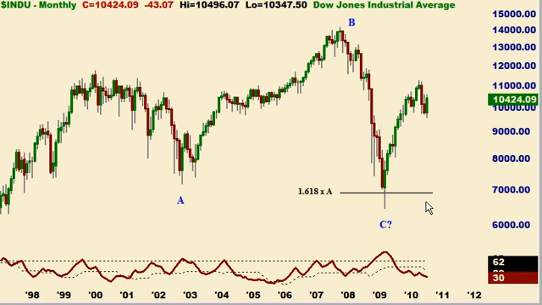Again, I'm quoting Prechter, 1.618 times A is the most probable relationship of C to A. In a flat correction, they're going to tend towards equality, as is the case in the S&P. So anyway, I'll let you decide, but it is interesting.